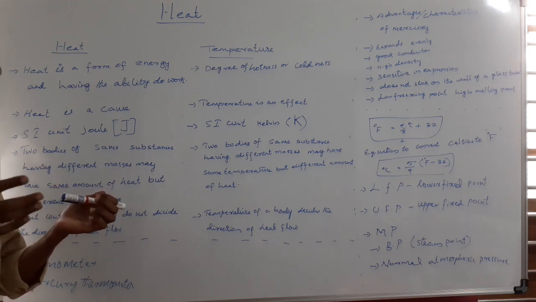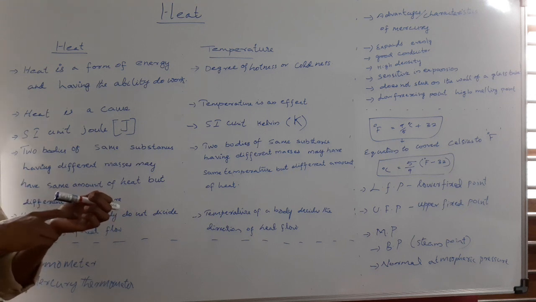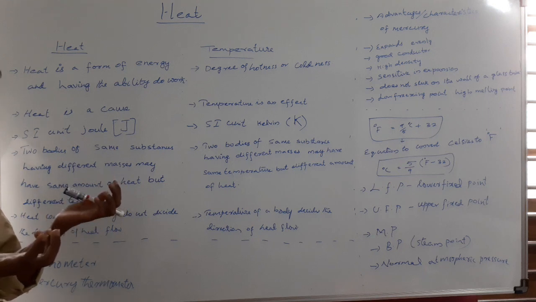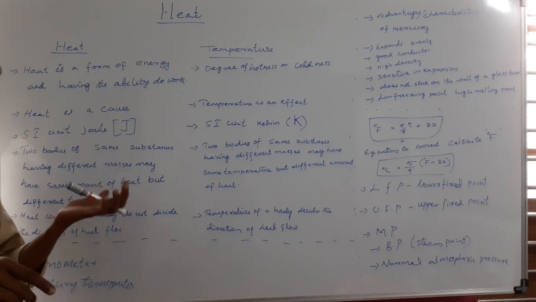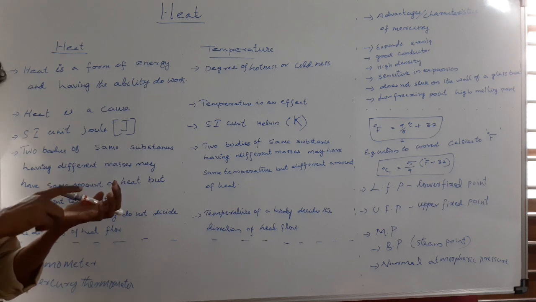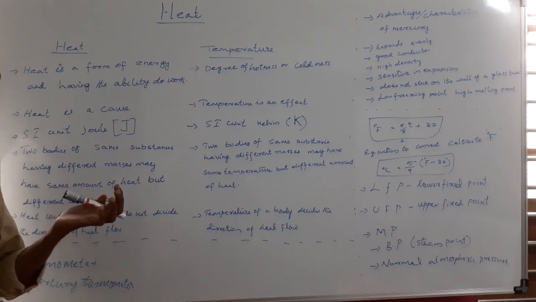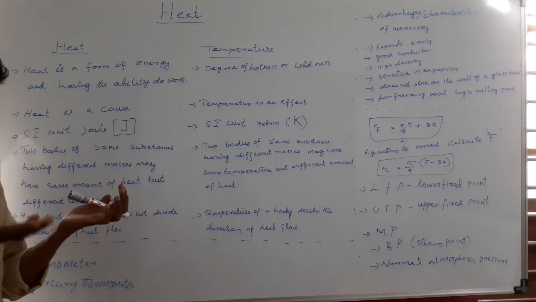The heat flows from the 50 degree body to the 49 degree body. Here it is 50 degree, here it is 49 degree. This one is 1 kilogram of water, this one is 10 kilogram of water. So heat flows from 1 kilogram of water to 10 kilogram of water, since the temperature is higher here.